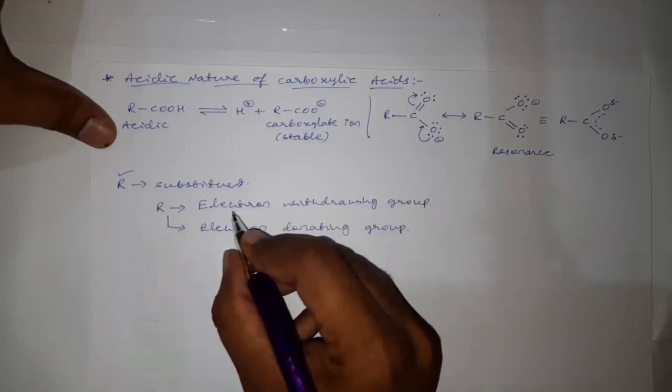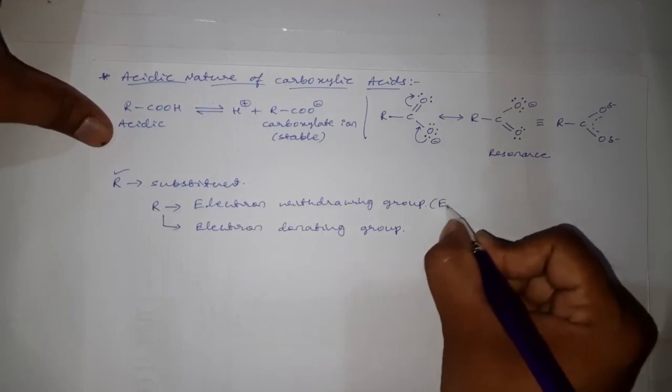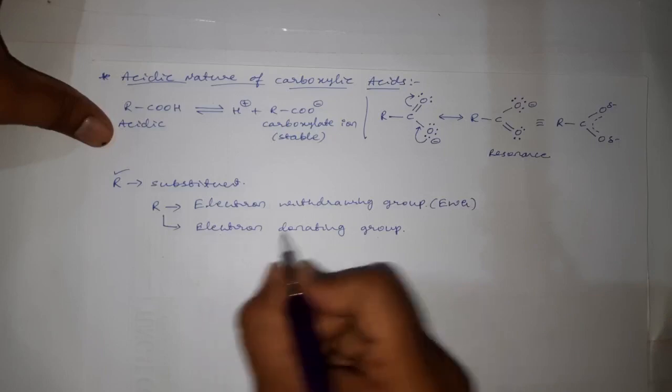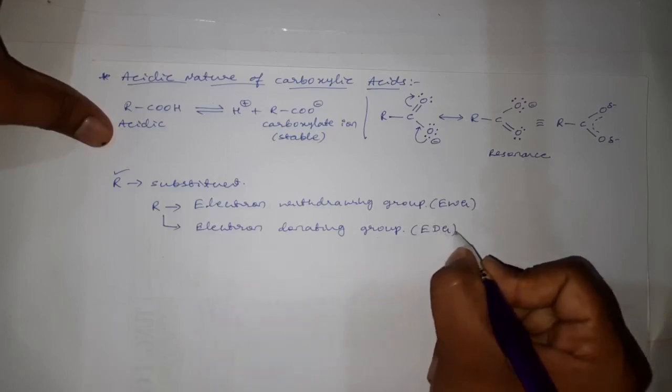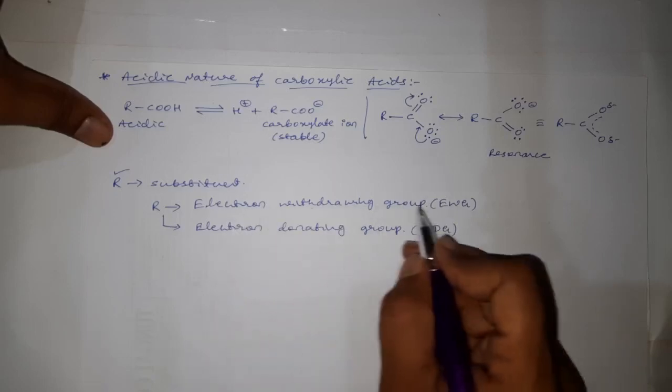Either the substituent may be an electron withdrawing group, in short EWG, or it may be an electron donating group, EDG. Then what happens if it is an electron withdrawing group?